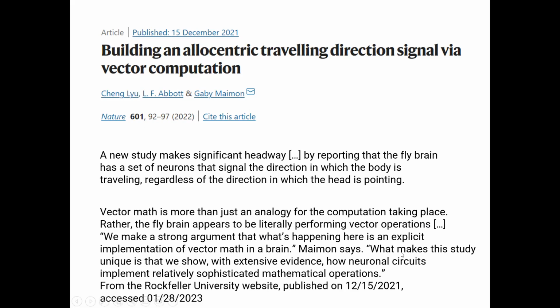So what they did, they show evidence of how the neuronal activity in the fly's brain is related to quite sophisticated mathematical operations.